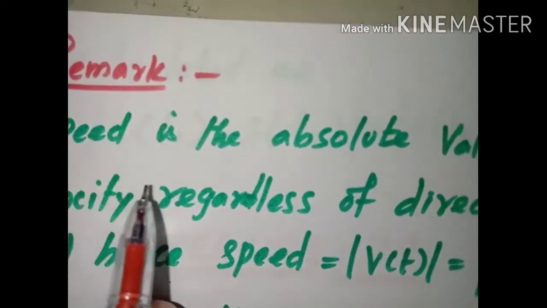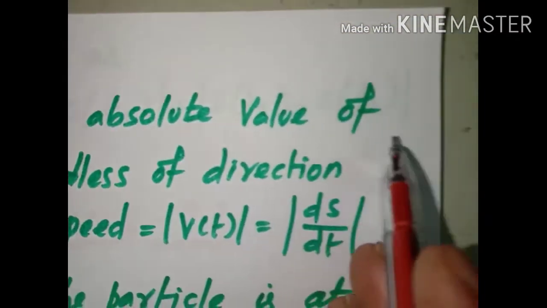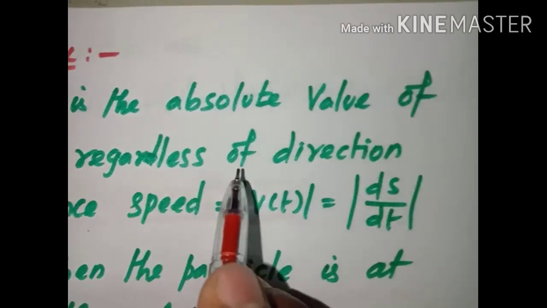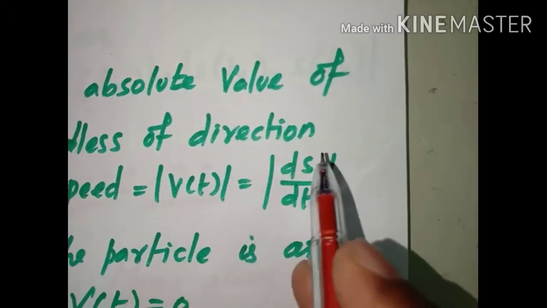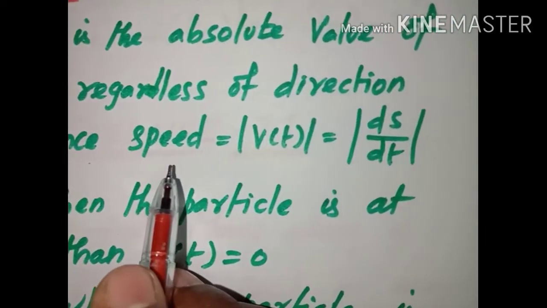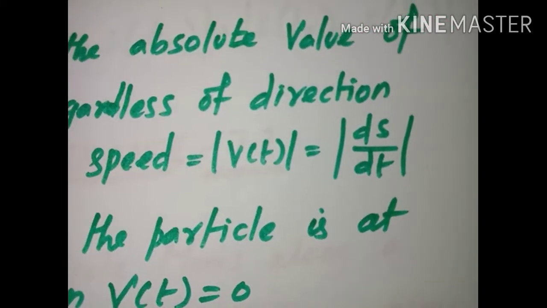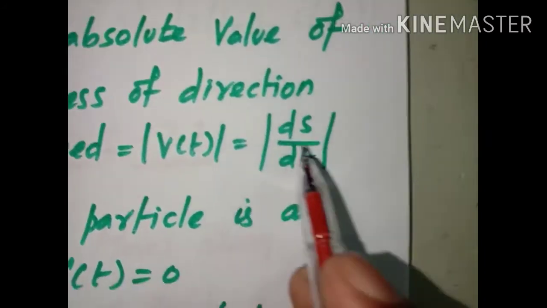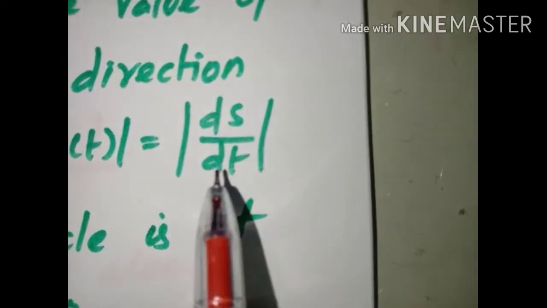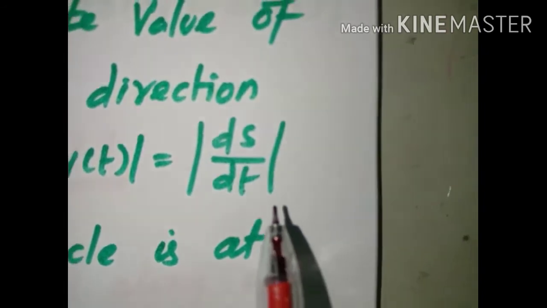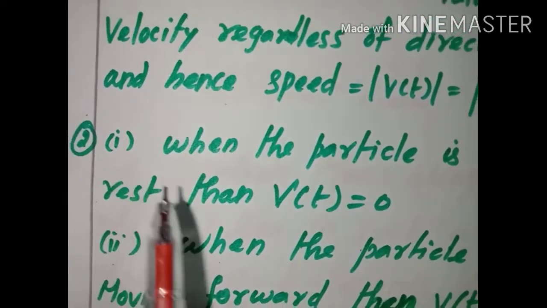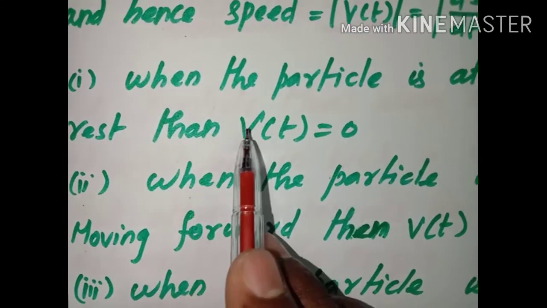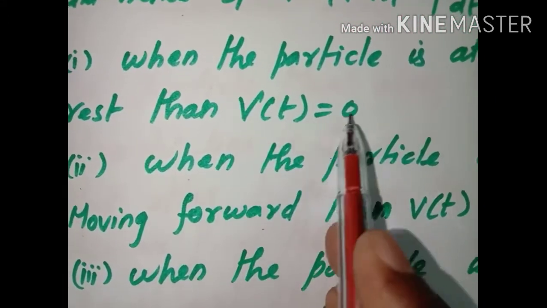Now the remarks. First, speed is the absolute value of velocity regardless of direction, and hence speed equals the modulus of v of t, equal to the modulus of ds divided by dt. Second: when the particle is at rest, then v of t equal to 0.